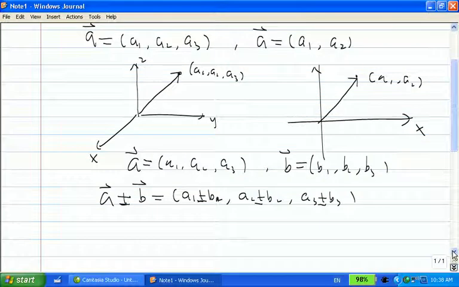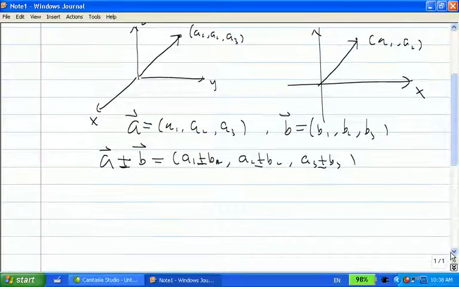With scalars we have addition, subtraction, multiplication, and division. Now how do we define multiplication and division for vectors? You could say vector A times vector B is A1 times B1 as the first component, A2 times B2, and so on.